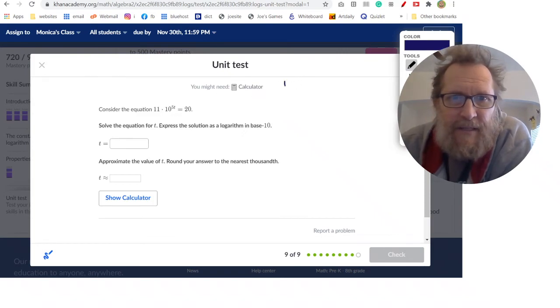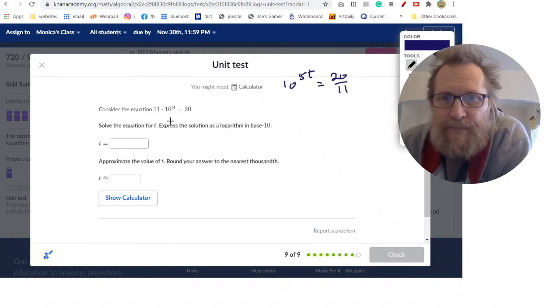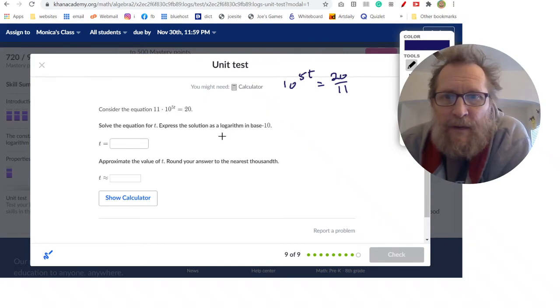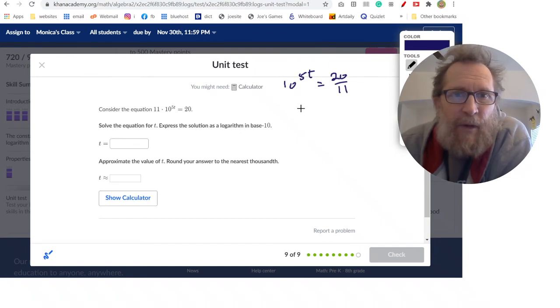So I'm just going to rewrite this as 10 to the 5t equals 20 elevenths, dividing both sides by 11. And then I'm going to express it as a logarithm. Oh, that is base 10. Right, I'm already base 10 there.